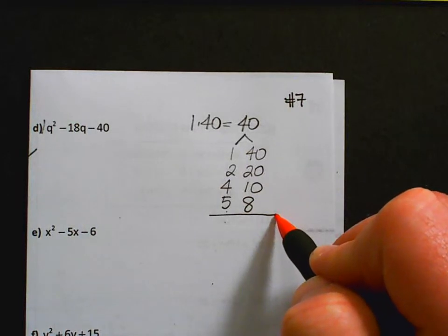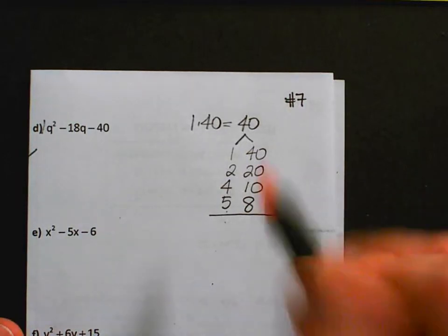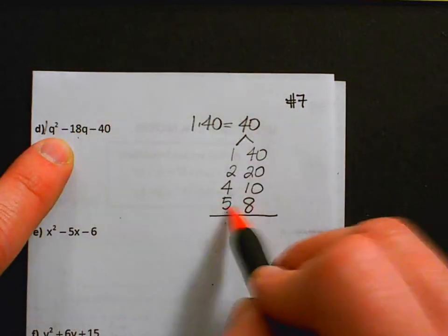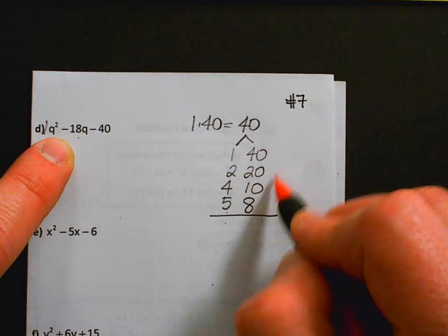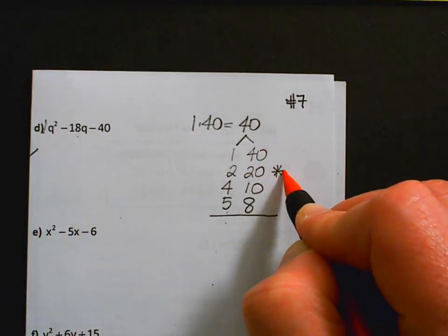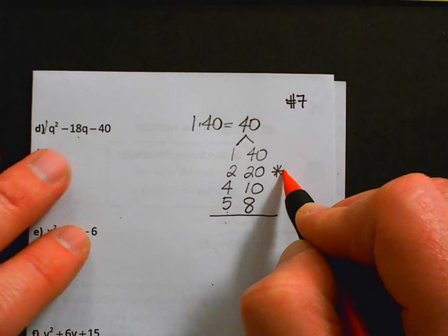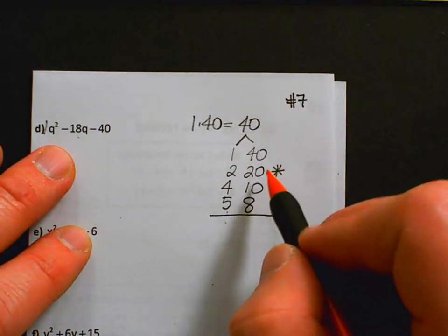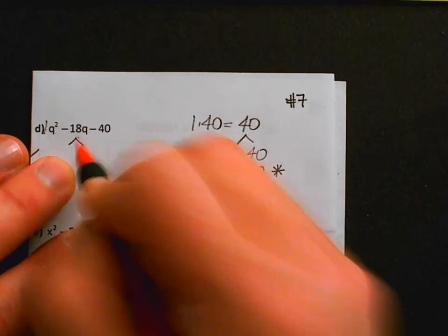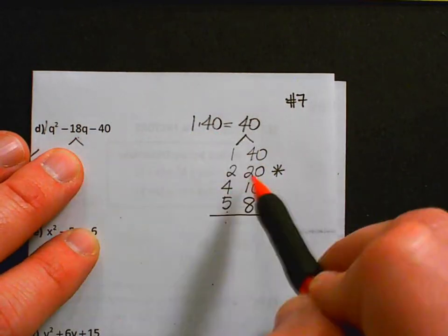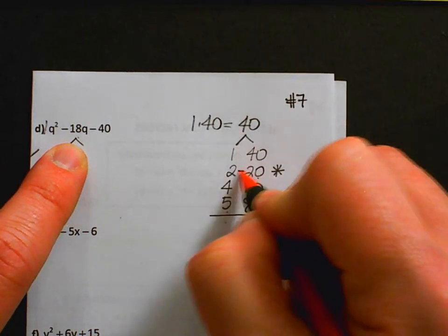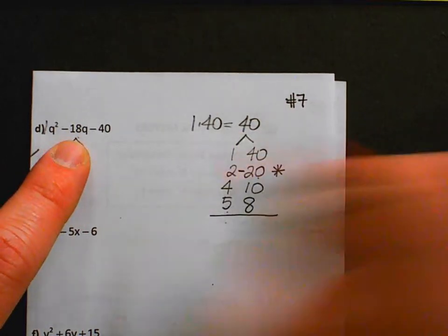Alright. Now, let's find something that gives us 18. So does anybody here give 18? Yes. 2 and 20 gives us 18. So that will be this guy. And now the biggest digit is supposed to have the same sign as the middle term, so this would be a negative. And to give me negative 18, this would have to be a positive.